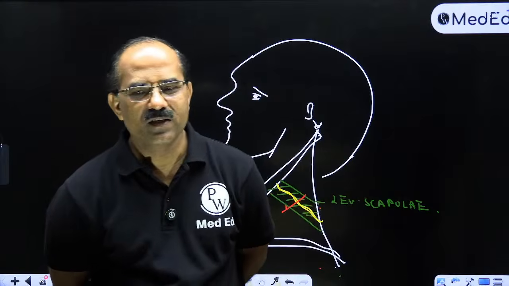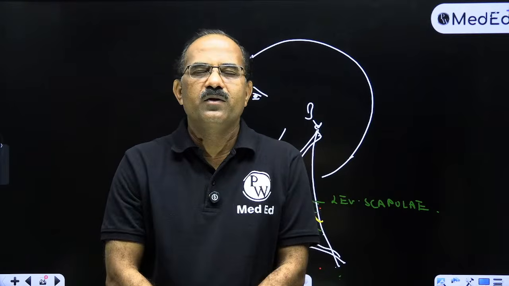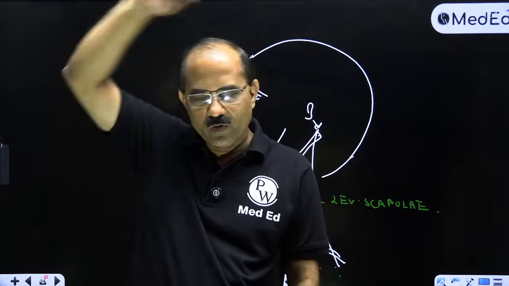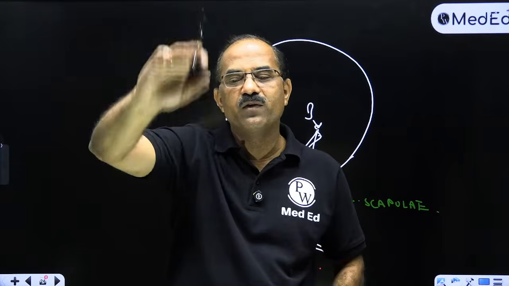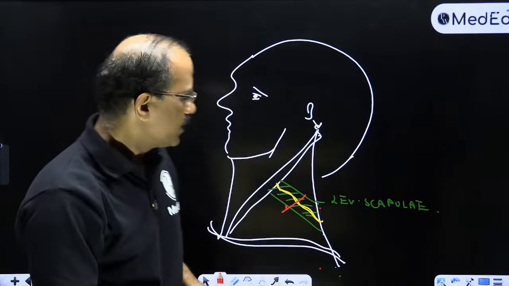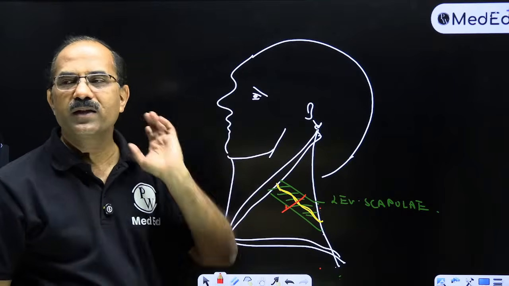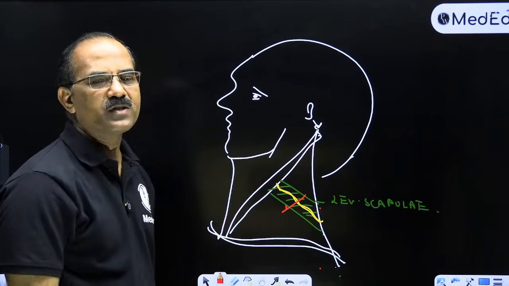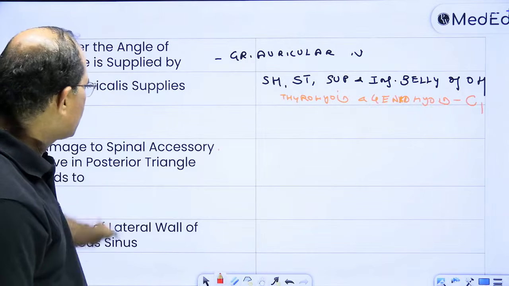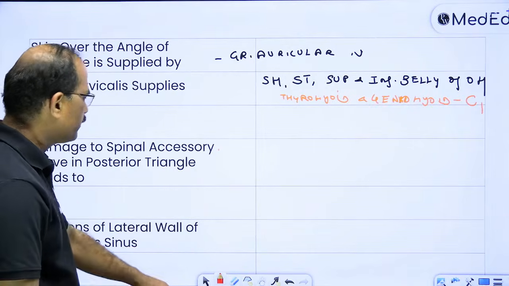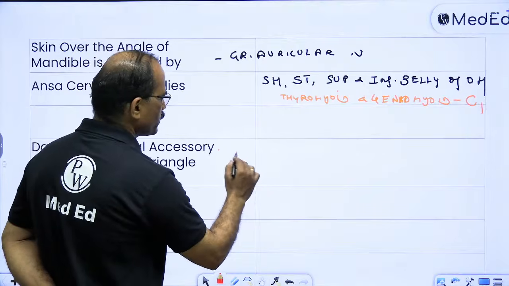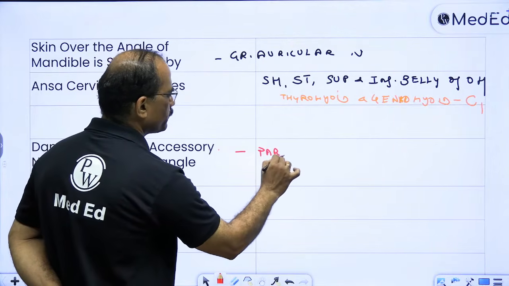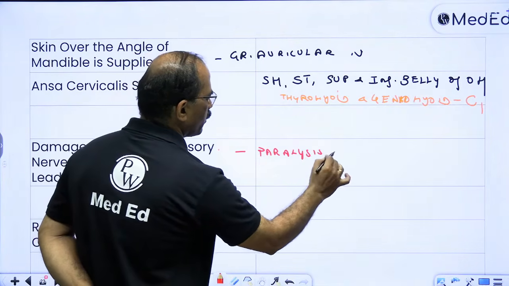So the person complains of loss of shrugging, loss of overhead abduction and winging of scapula at rest. Nothing happens to the sternocleidomastoid. There's no problem with it. So just remember this. Damage to the spinal accessory nerve in the posterior triangle leads to paralysis of trapezius.